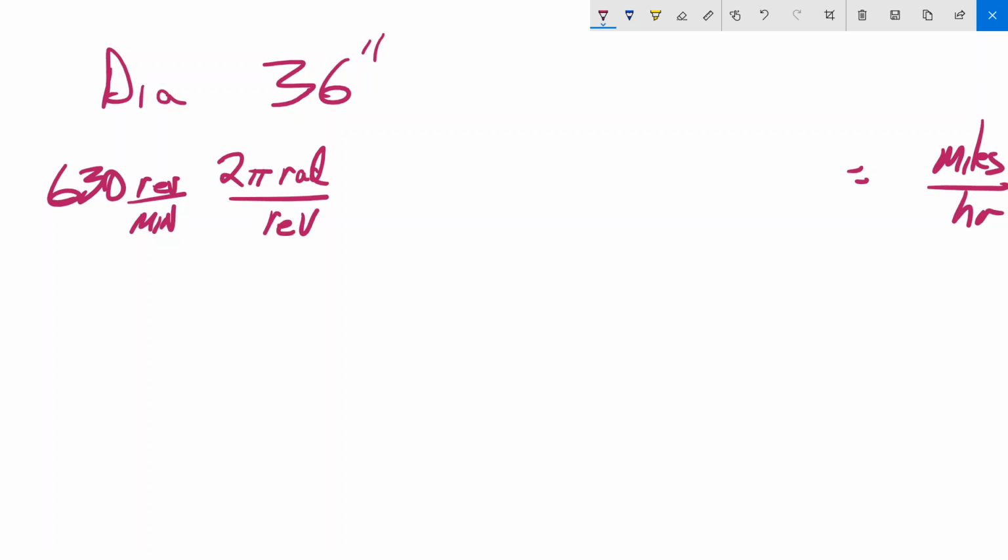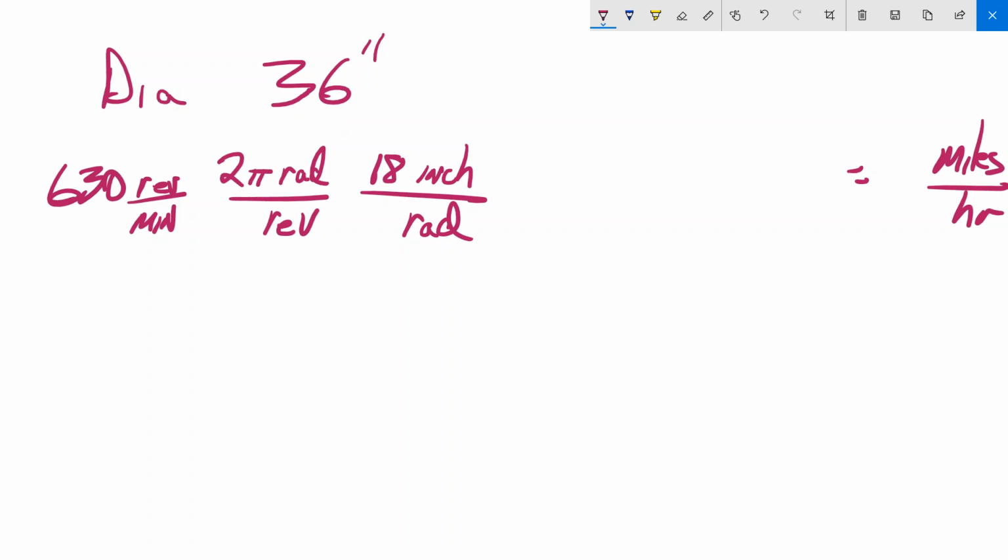Notice that gets rid of revolutions. We have 18 inches per radian. Remember, the radian is defined as being the radius. That gets rid of the radians.